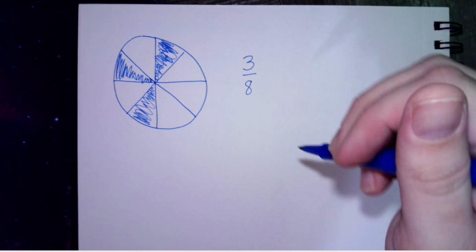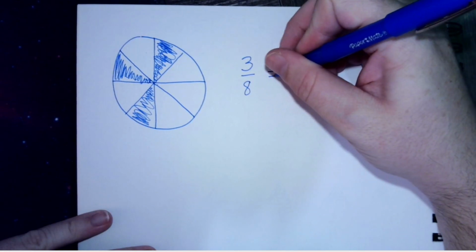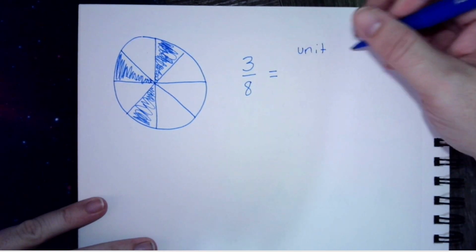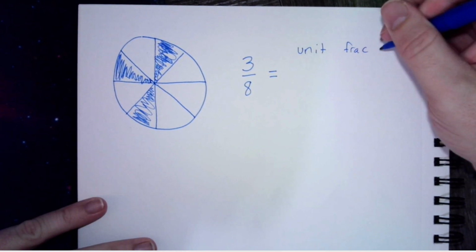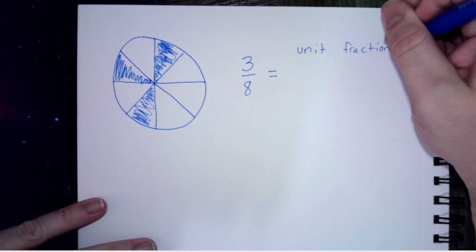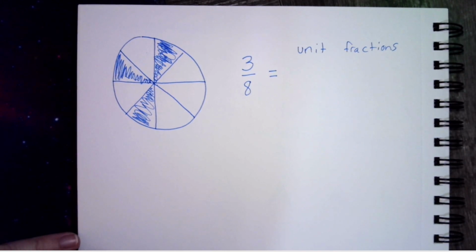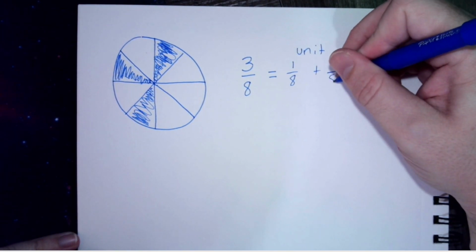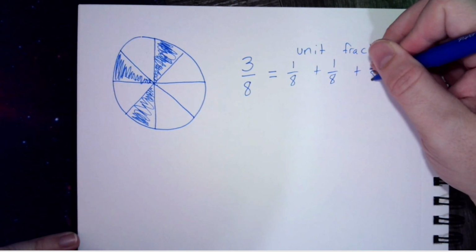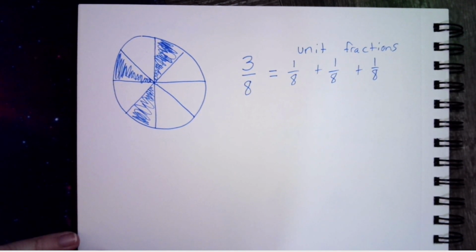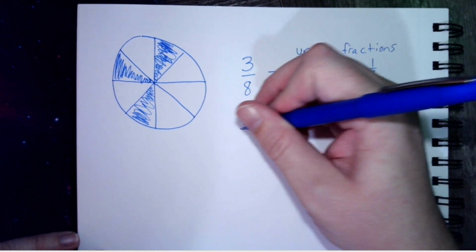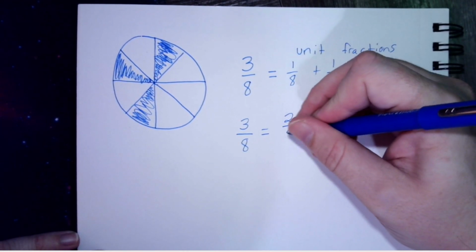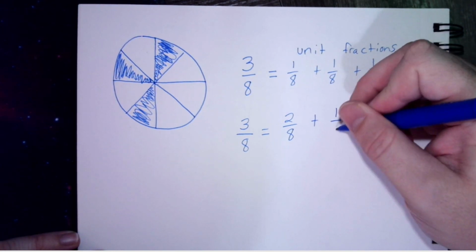Okay, so one way would be to say, okay, well, 3/8, we're just going to break it down again into unit fractions. We are going to say that it could be 1/8 plus 1/8 plus 1/8. Or you could have also said 3/8 equals 2/8 plus 1/8.